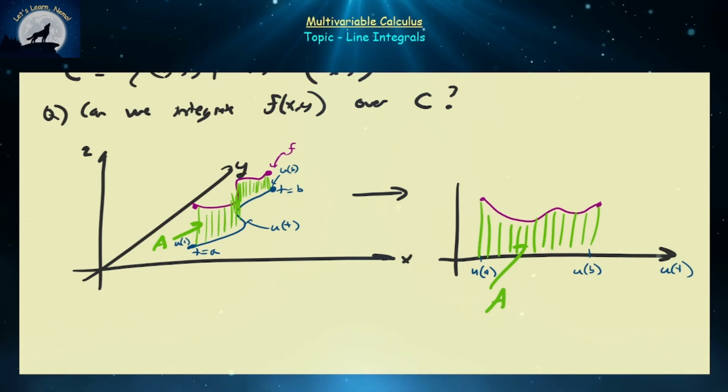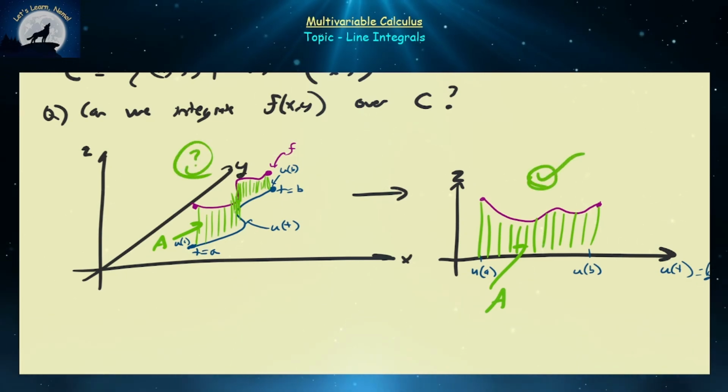Right? So again, what we're looking at here is the z-axis, still vertical, but we're just parameterizing x and y with respect to u. Right, so this is just x, y in disguise. So we already know how to find the area of the region located on the right. So the question is, how do we find the area on the left without directly mapping to the picture on the right?